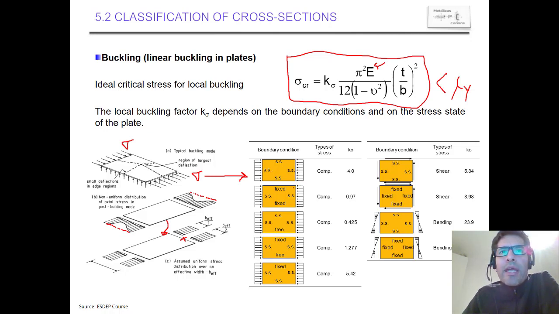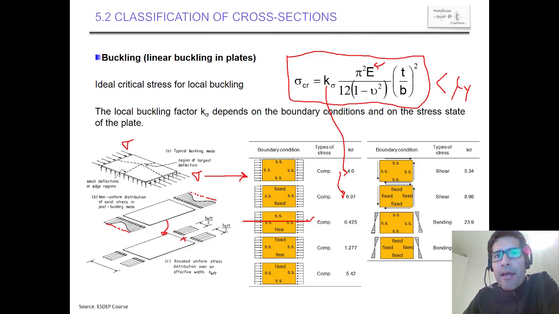But if we had some other parts of the plate that are fully fixed, then the boundary conditions of such differential equation will change. So that's why we have a K which is different from this case or another. Okay, in this case we also have simply supported, but one of the borders is free.